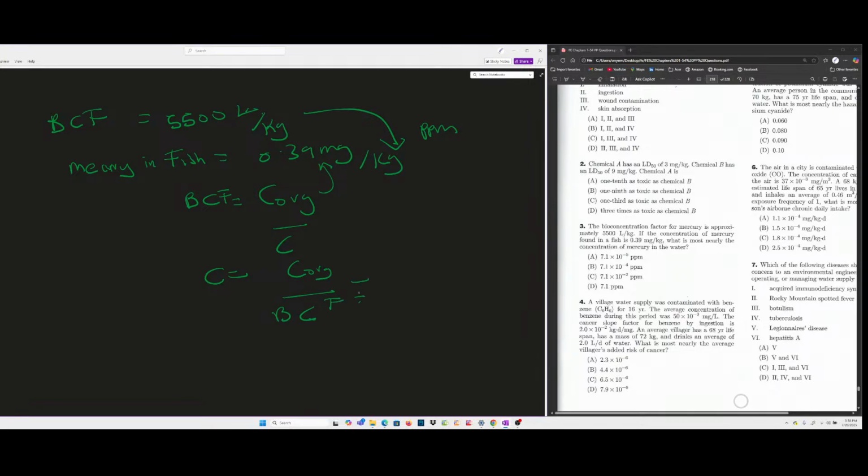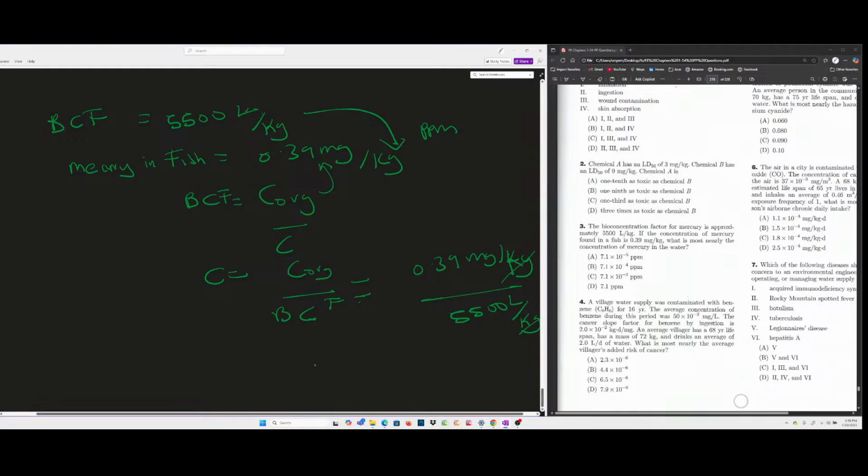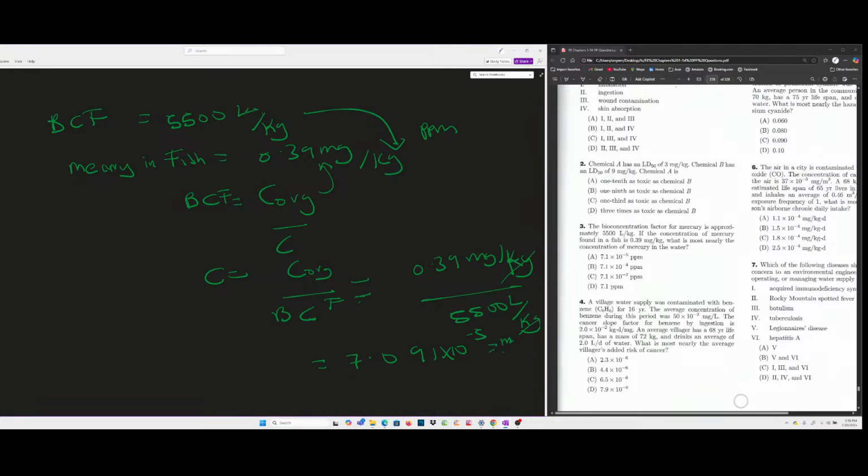This is 0.39 milligrams per kilogram over 5,500 liters per kilogram. The kilograms cancel, and our answer is 7.091 times 10 to the power of negative 5 milligrams per liter.